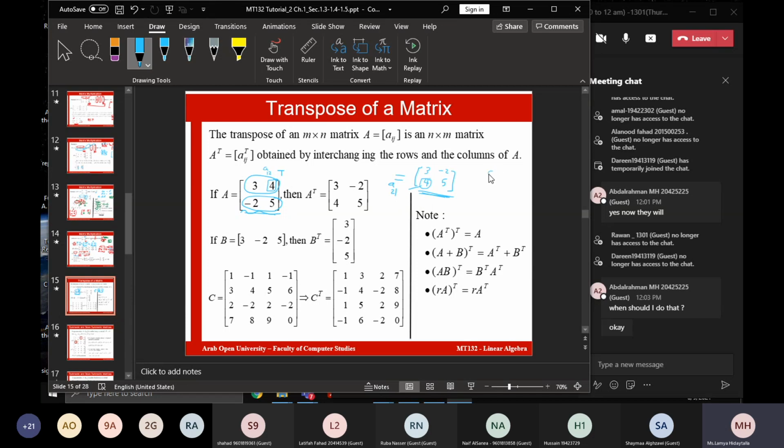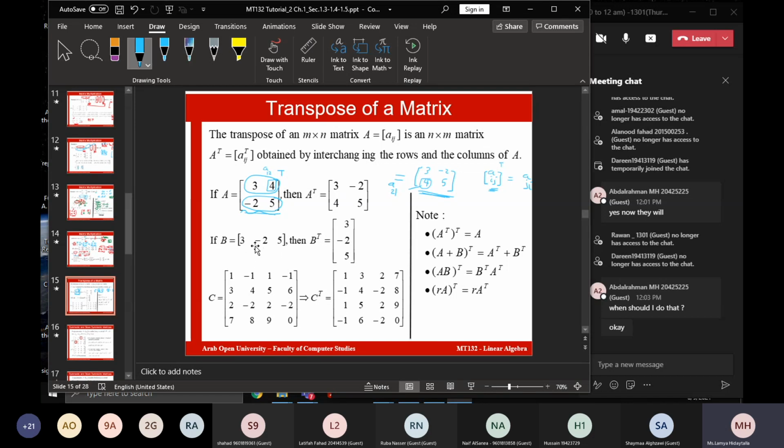So when we get the transpose of any matrix, the elements that are in the Aij are going to be where? In the Aji. That's it. And as easily as that, even without thinking, just a row will become a column like that.